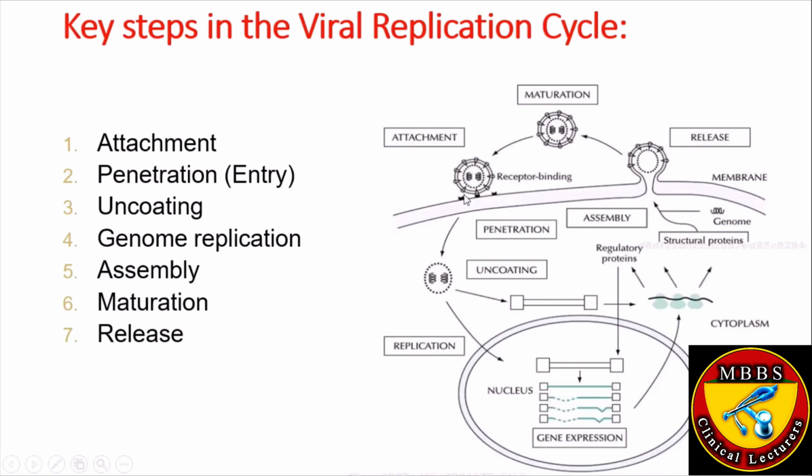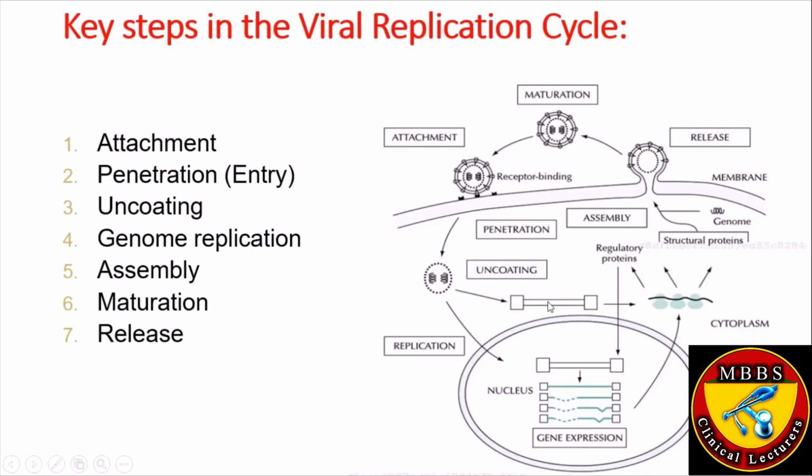Initially it comes and attaches to the receptors present on the cell membrane. Then after attachment, it is going to enter into the cytoplasm of the cell. Then in the cytoplasm, or in some cases of the viruses in the nucleus, the virus uncoating occurs. Means the capsid of the virus is removed and then this genome is free.